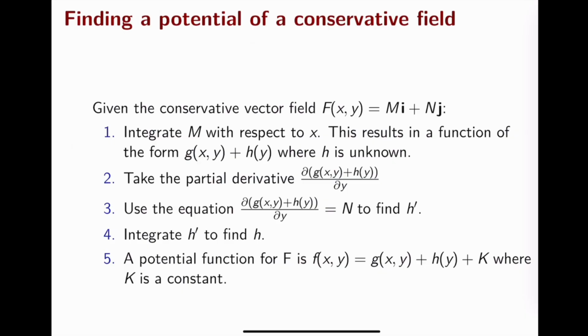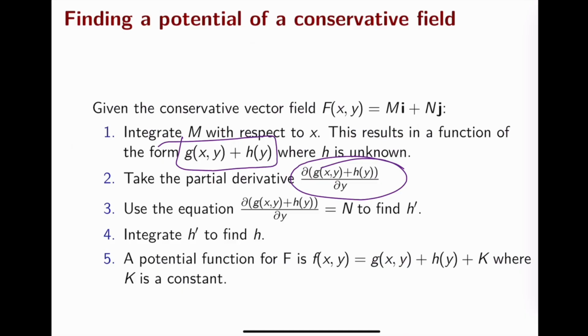Once we do the integral with respect to x, we end up with a function like that. Then what we do with that function is take the partial derivative with respect to y. That's the second step. We take the function from the previous step and take the derivative with respect to y. If this vector field is conservative, that should be just the second component, right?